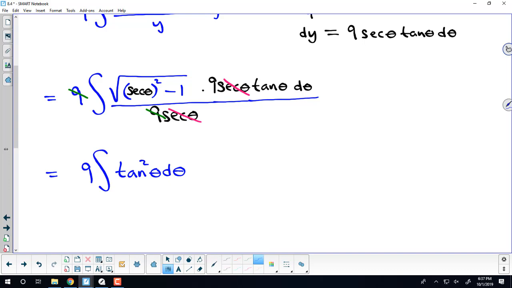So how do we integrate or find the antiderivative of tangent squared? No. I mean, we could say it's a reduction formula, but we didn't have to remember those.